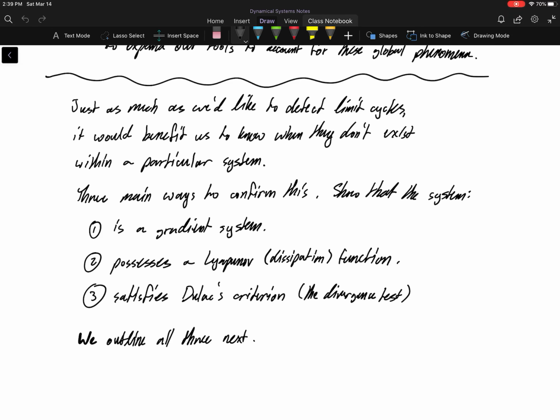And we do that by showing that the system is gradient, or showing that there is a dissipating function, something called a Lyapunov function, or if the system is lucky enough to have a Dulac function, we'll satisfy Dulac's criterion, which is effectively a divergence test. And we'll see exactly what I mean in the next couple videos. But until then, happy studying.